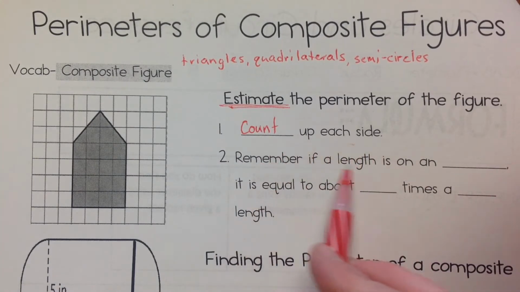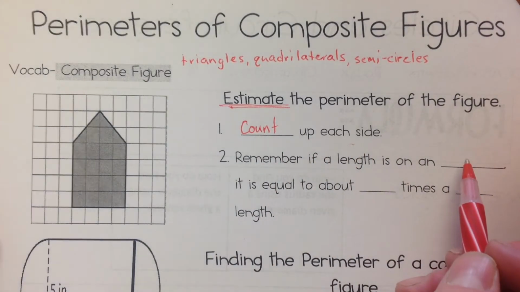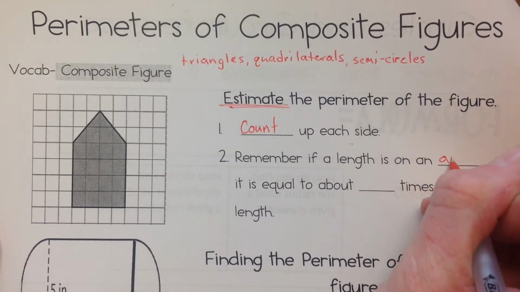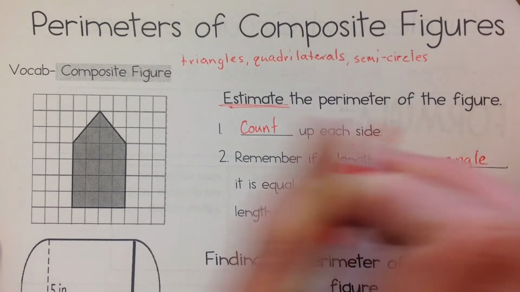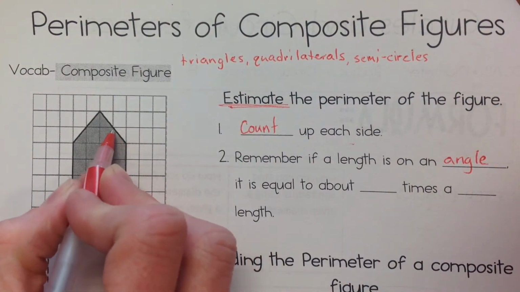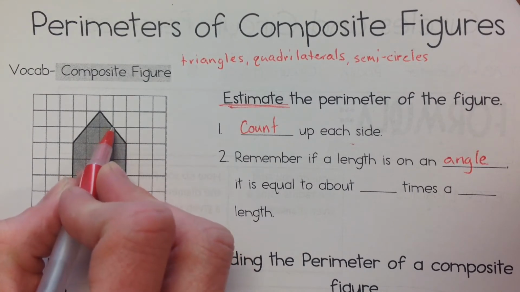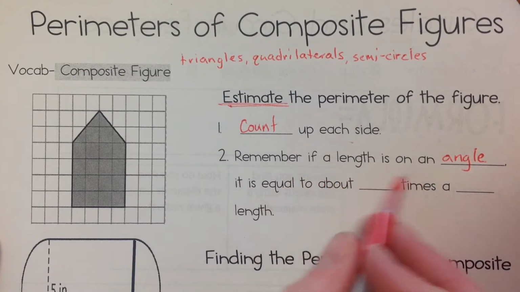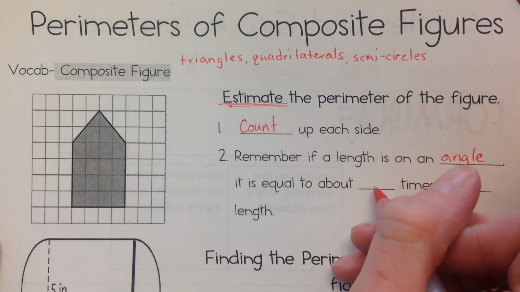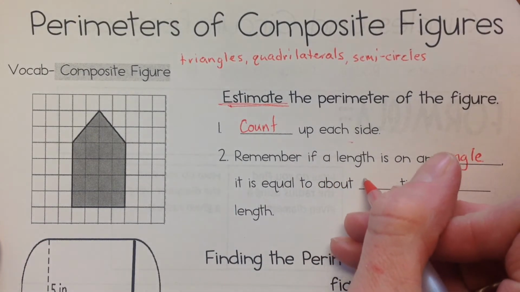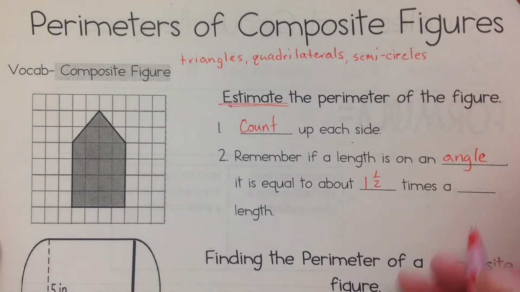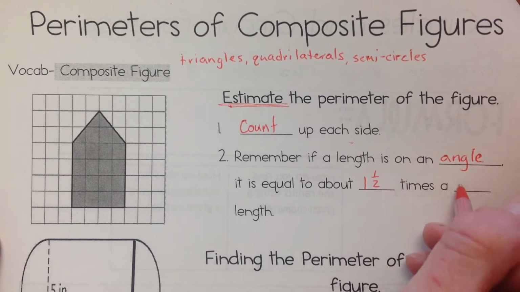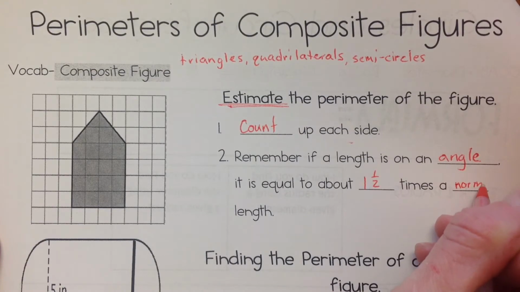But I want you to remember if a length is on an angle, so let me show you what I mean by an angle. This right here is an angle. See how it goes diagonal through that? So if it is on an angle, it is equal to about 1.5 times a normal length.